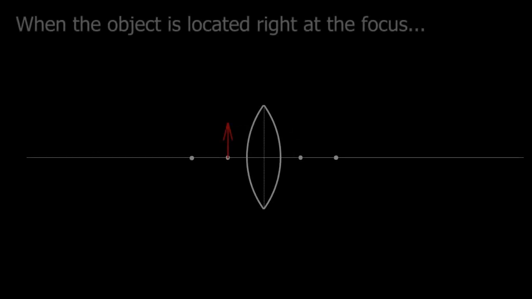When the object is right at the focus, one ray is passing through the optical center and goes undeviated. The other ray is passing parallel to the principal axis and upon refraction then passes through the focus on the other side.